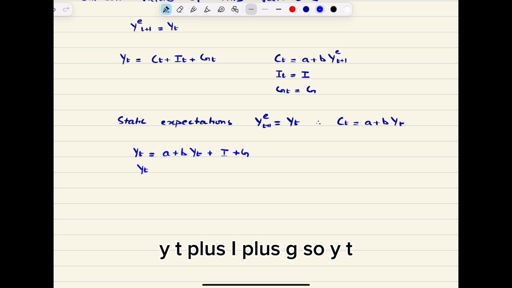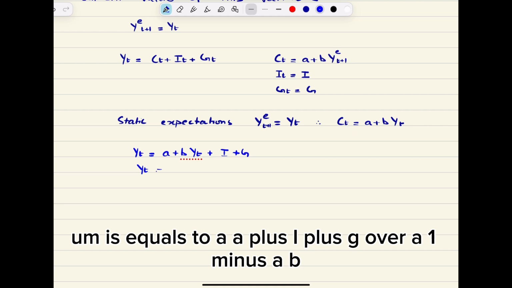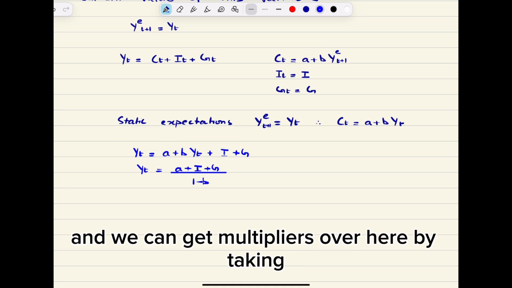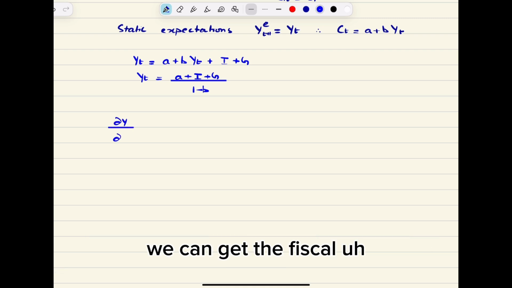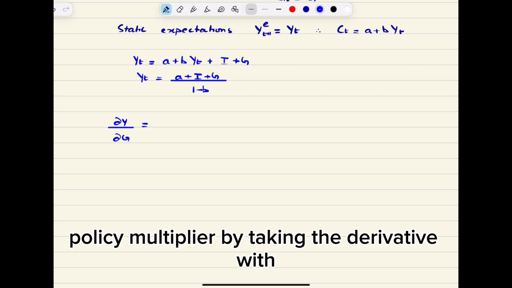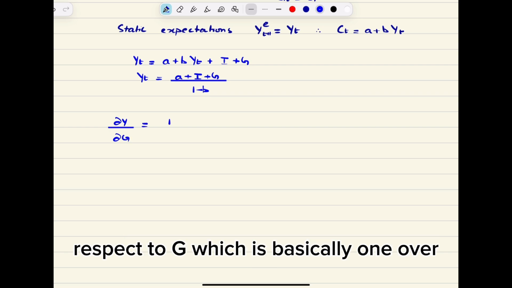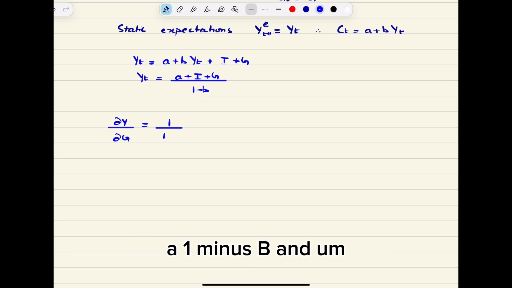So yt is equal to a plus I plus g over 1 minus b. And we can get multipliers over here. We can get the fiscal policy multiplier by taking the derivative with respect to g, which is basically 1 over 1 minus b.